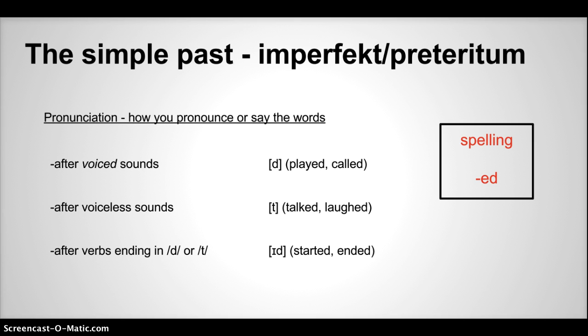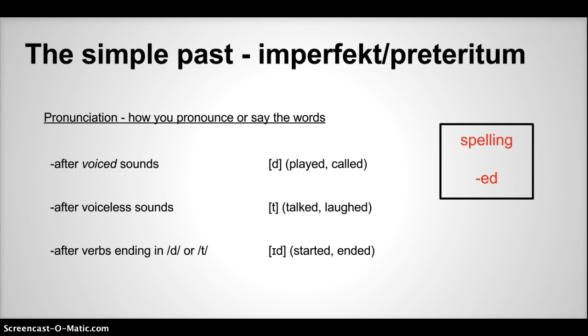That's a very small distinction, and I'm quite certain that most of you will just make this distinction not knowing it, but still just be aware that there is a difference. There are some verbs ending in a D or a T, and then we add a tiny little I, a short I sort of. Started, ended. Do you hear it? I'm quite certain you said this already, but just be aware that it's actually there.